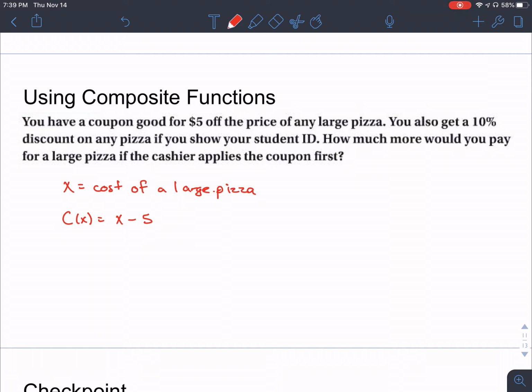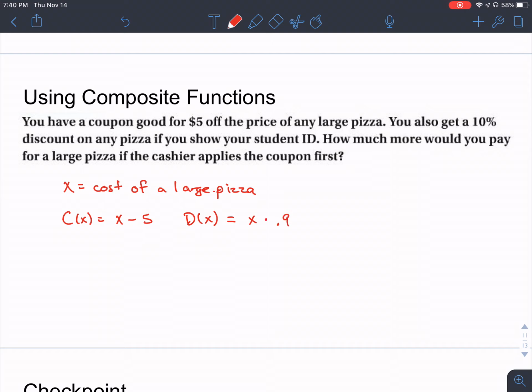All right. The other one, let's call it d of x, and d of x is going to be the cost using a 10% discount. So this would be the cost of a large pizza multiplied by 0.1, I'm sorry, not 0.1. It's actually times 0.9.